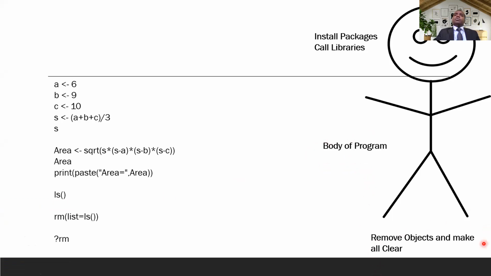Last is removing objects or clearing the memory. In our first video, we will not be focusing on installing packages and calling libraries. There are many inbuilt functions in base R, and we will be using those to write our first R program. So let's go to our RStudio.